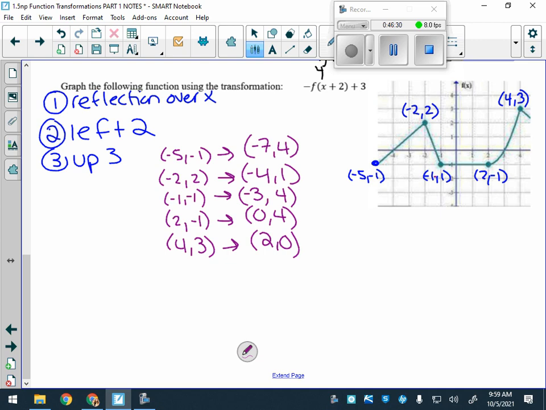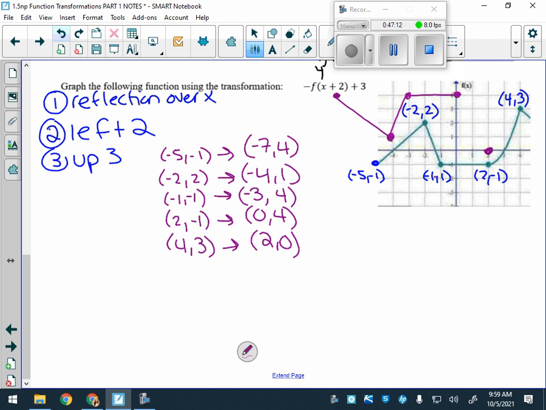Yes, you should. I grabbed it and I was kind of confused, but I touched it how it's reflected in also. And plus, we don't see the whole graph. So -7, 4 is somewhere up here. -4, 1. -3, 4. 0, 4. 2, 0.